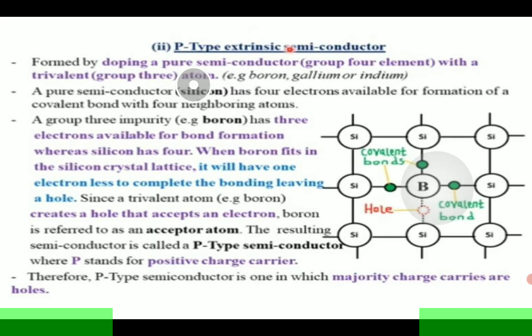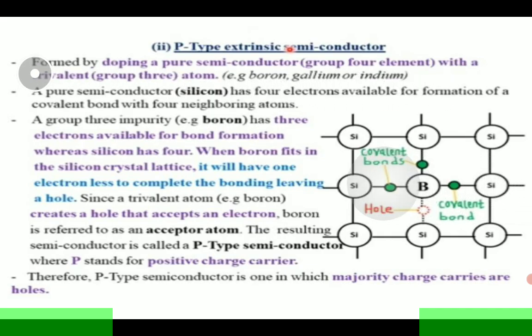If you go to your periodic table, you find that in group 3 there are elements such as boron, gallium, and indium. From the first 20 elements, you only have boron, but in an extended version of the periodic table you find gallium and indium.